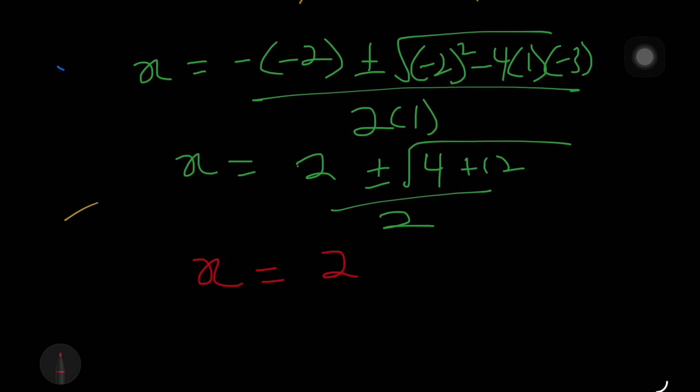The result of this is that x is going to be equal to 2 plus or minus square root of 16, the brackets are 16 inside. Square root of 16 is 4, all over 2. This 2 will divide both, and then you have 1 plus or minus 2.